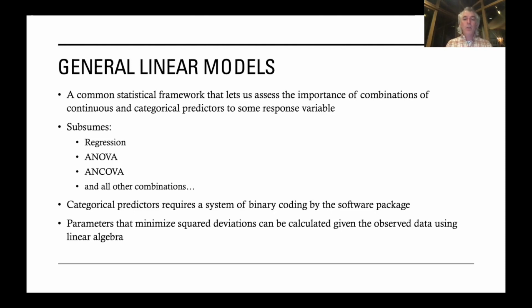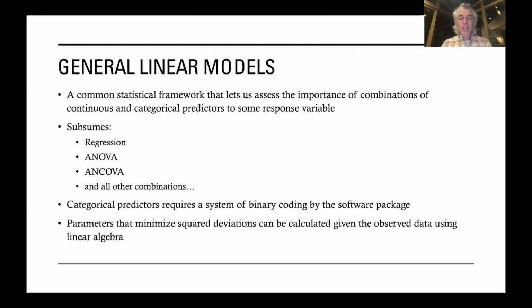It's important to remember that when we use general linear models, we take our categorical predictors and describe them by a series of binary yes or no questions about whether each observation belongs to a particular level in a factor.